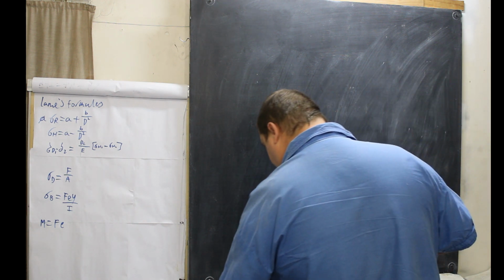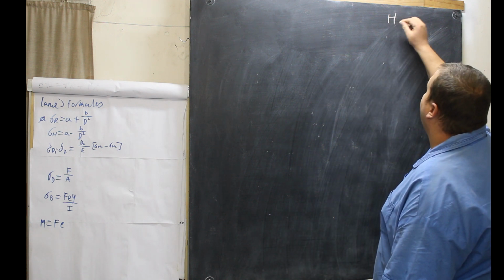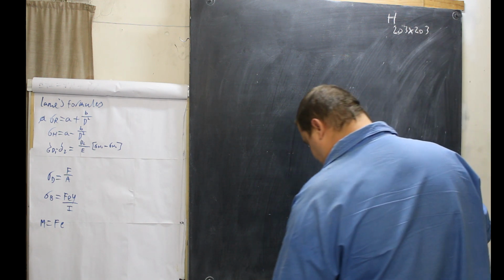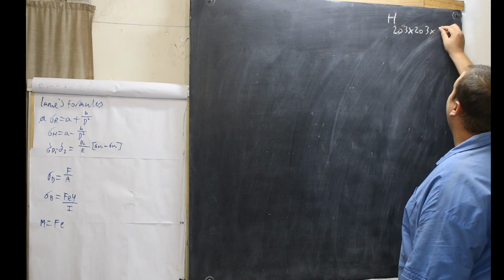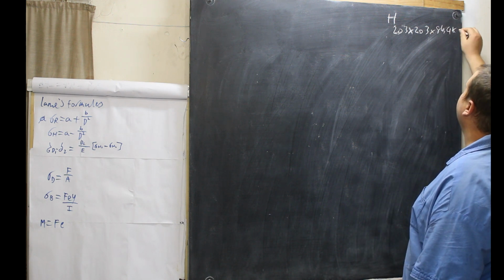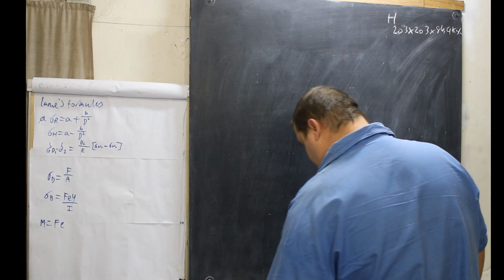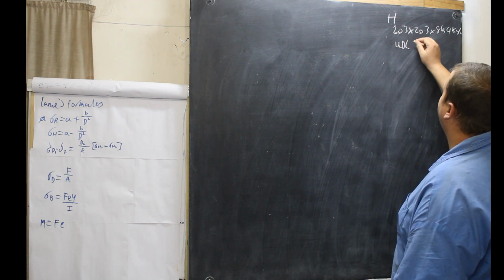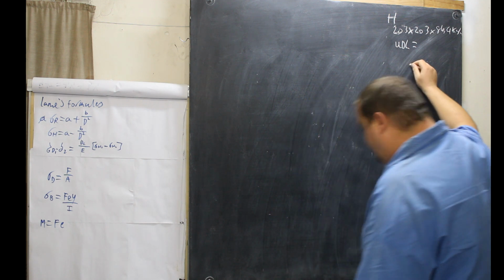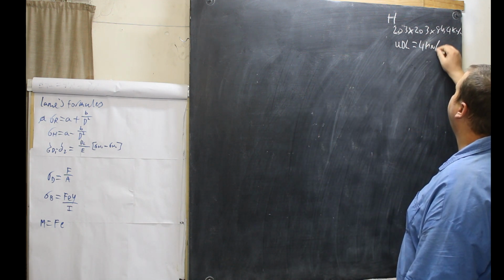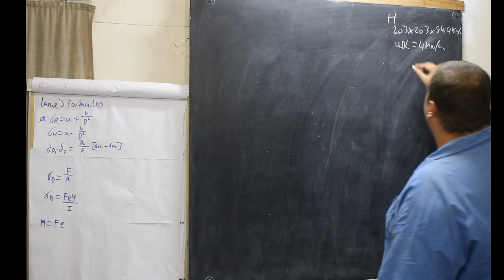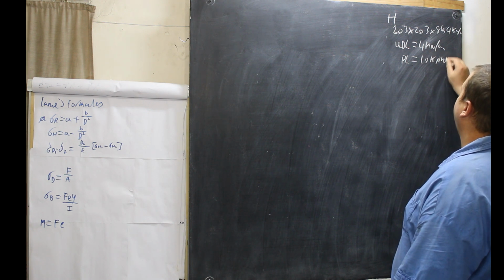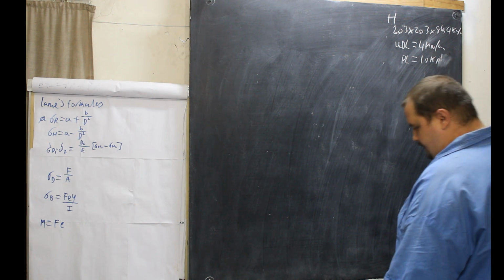Our data: an H profile 203 by 203 by 86.4 kg per meter, and it supports a uniformly distributed load, UDL, of 4 kilonewtons per meter. A point load of 10 kilonewtons.